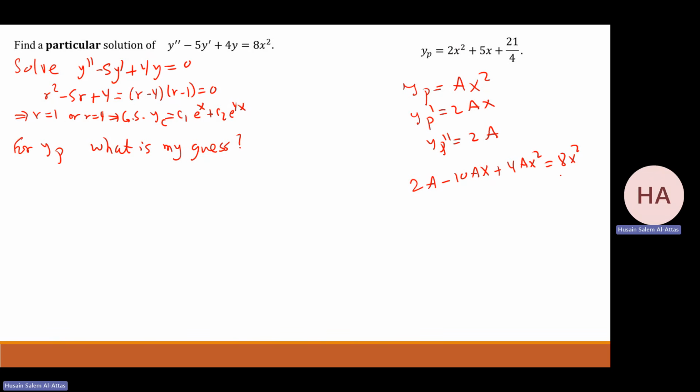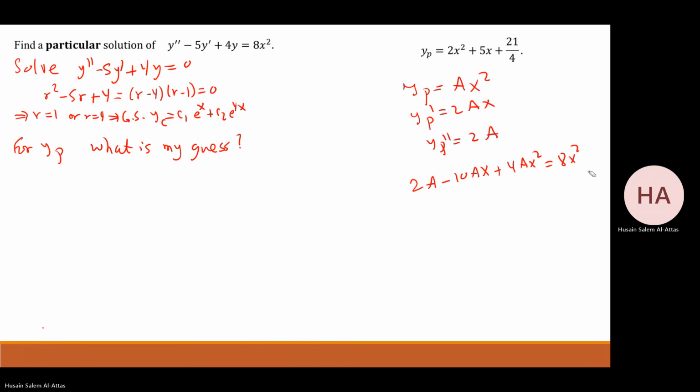I can think of this, which is not correct, but I can think of this as 8x squared plus 0x plus 0 times 1. So if I compare the coefficients, I have 4a equal 8, so a equal 2, but I have minus 10a equal 0, which implies a equals 0. So there's a problem here. Cannot be. So my guess is not correct.